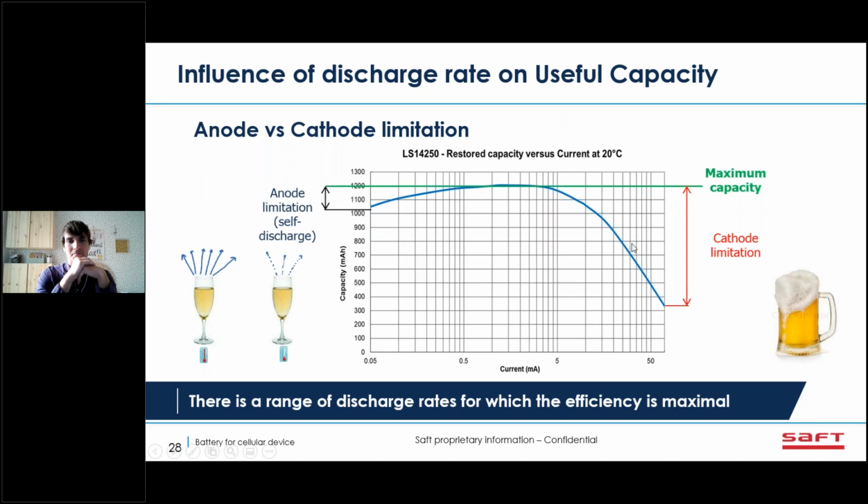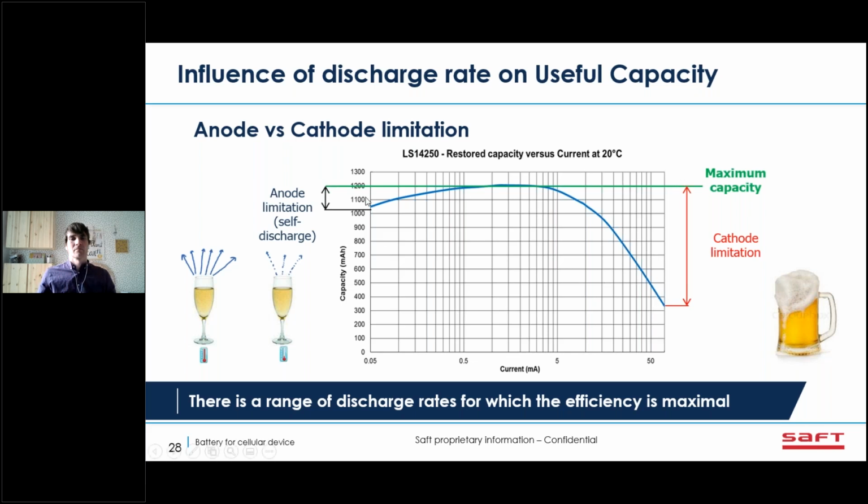There is one other thing you need to be careful about. All data from battery datasheets for lithium primary cells are given for a voltage cutoff of 2 volts. If you have a minimum voltage in your application of 3 volts, you will not be able to use the whole energy of the cell. So don't forget the minimum voltage of your application.